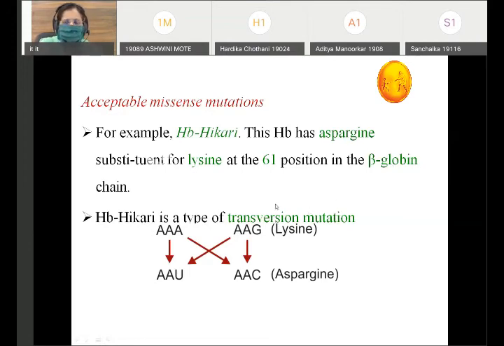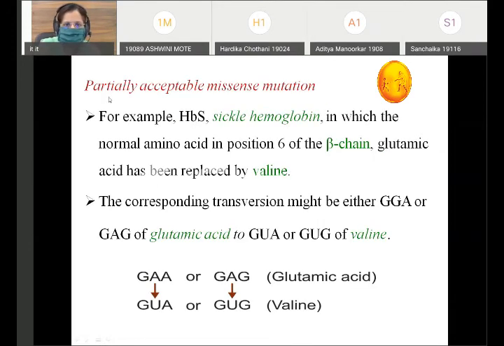Then there is a partially acceptable missense mutation. For example, sickle hemoglobin, in which the normal amino acid at the sixth position of the beta chain is glutamic acid, which is replaced by valine. Glutamic acid is a polar amino acid, which is replaced by valine, a non-polar amino acid.